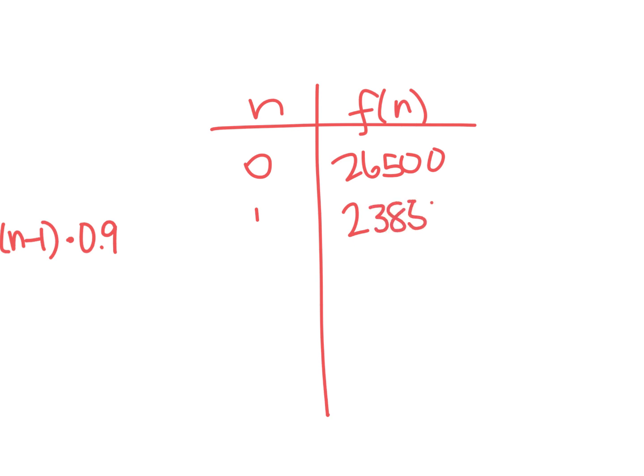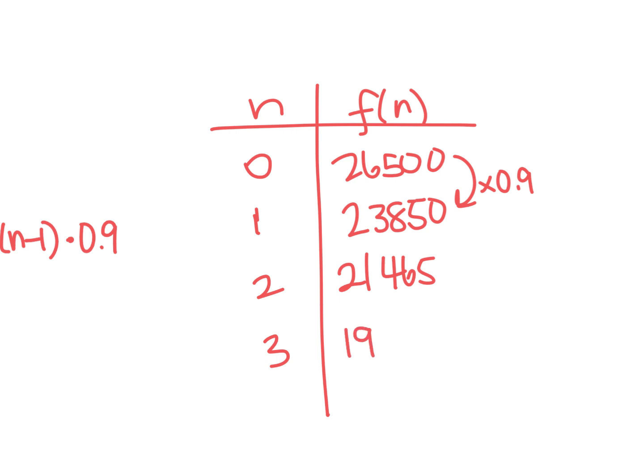At 2 years, the value has dropped to 21,465. All I'm doing is multiplying by 0.9 to get these numbers. And then at 3 years, it's less than 20,000. It's 19,318.